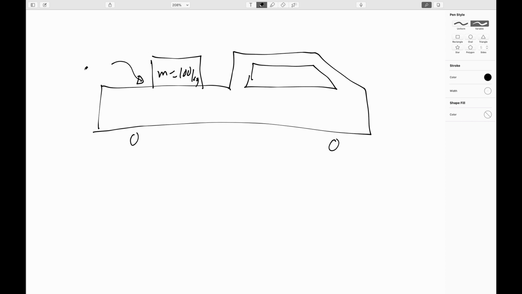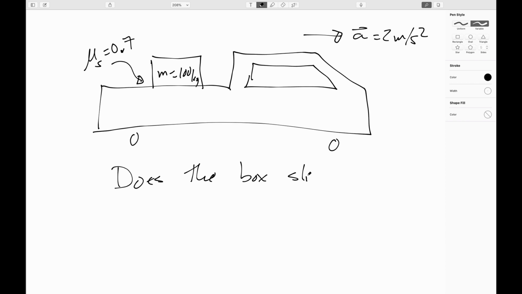And let's say the coefficient of static friction between the crate and the truck is 0.7. Let's say at the moment the truck is picking up speed and it is accelerating to the right at 2 meters per second squared. So there are two things we need to know. The first thing is, does the box slip? And if not, what does Fs equal?